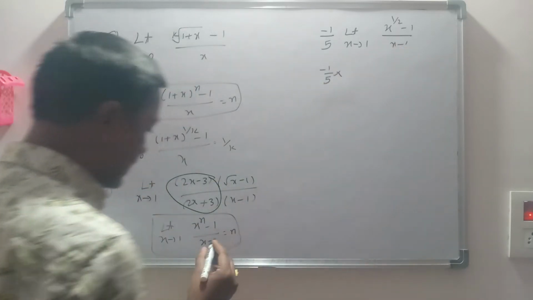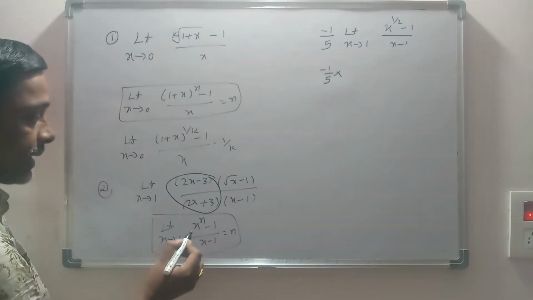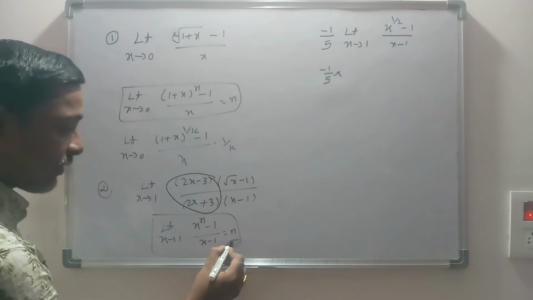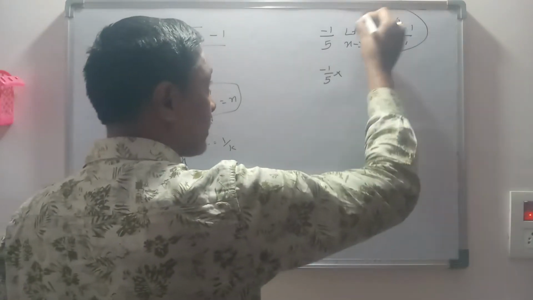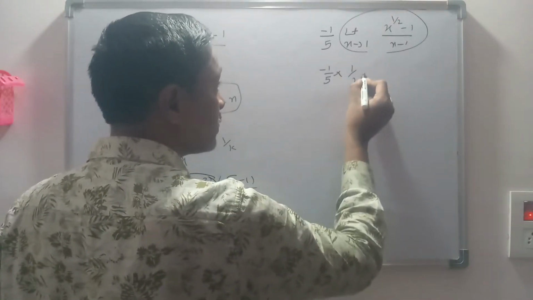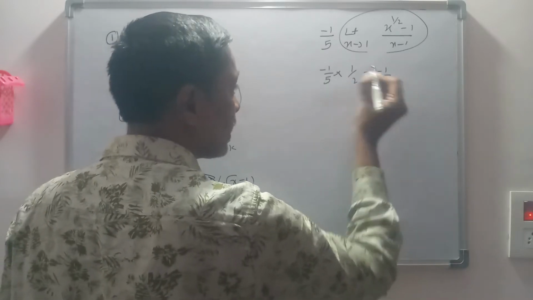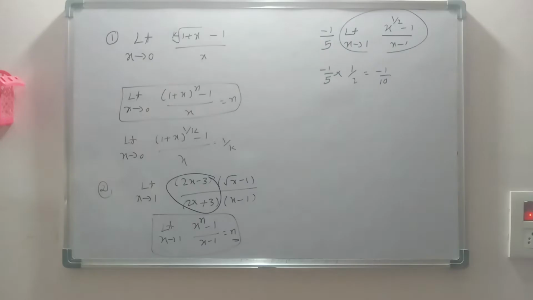What is the value of this term? Limit x tends to 1, x power n minus 1 by x minus 1 value is n. What is the value of this term? 1 by 2. That is minus 1 by 10 is the answer. That is minus 1 by 10.